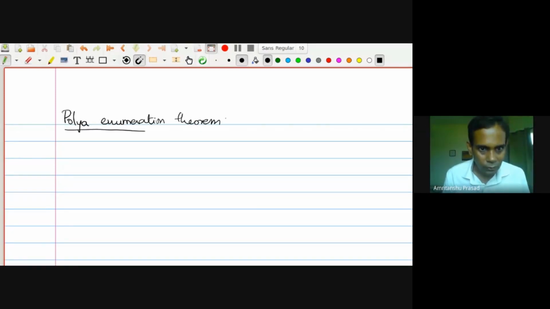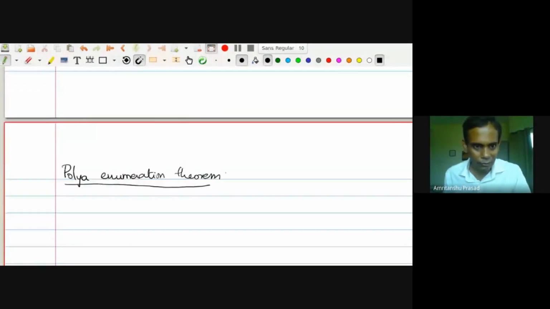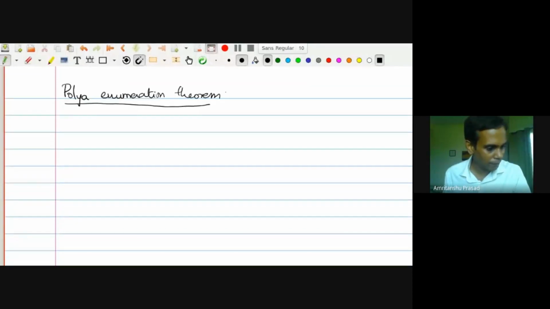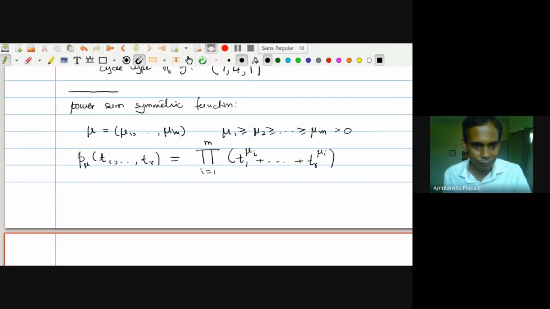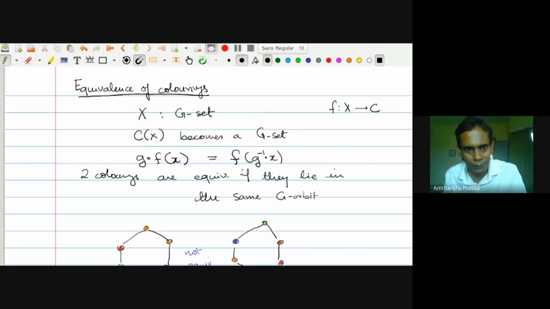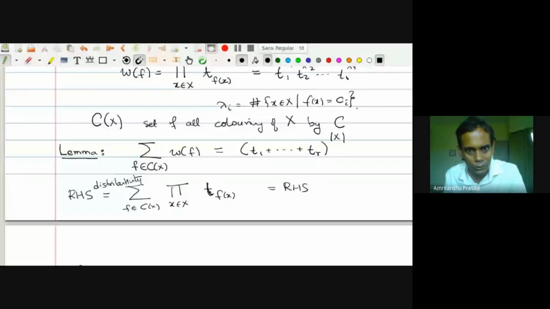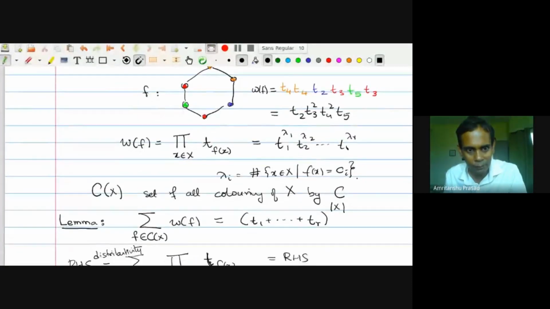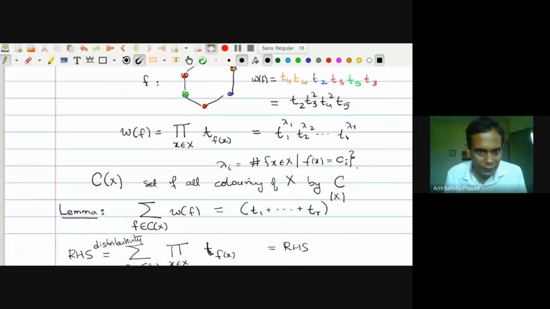Oh sorry, bad news. One more thing I need to define. If you have a coloring, you can talk about its weight. I'll call this monomial t1 raised to lambda 1, t2 raised to lambda 2, and so on, t raised to lambda, where lambda is the vector lambda 1, lambda 2, up to lambda r.